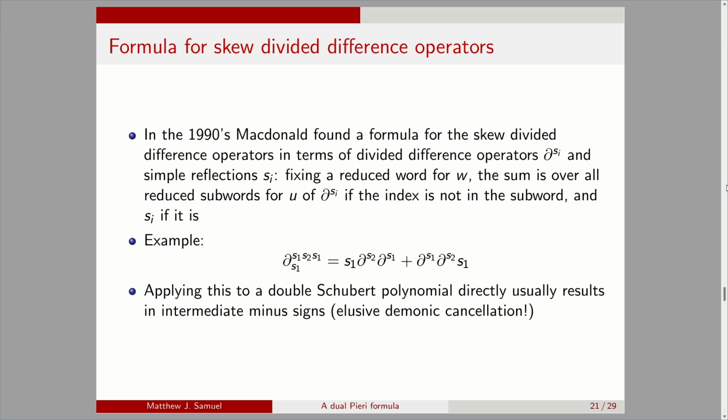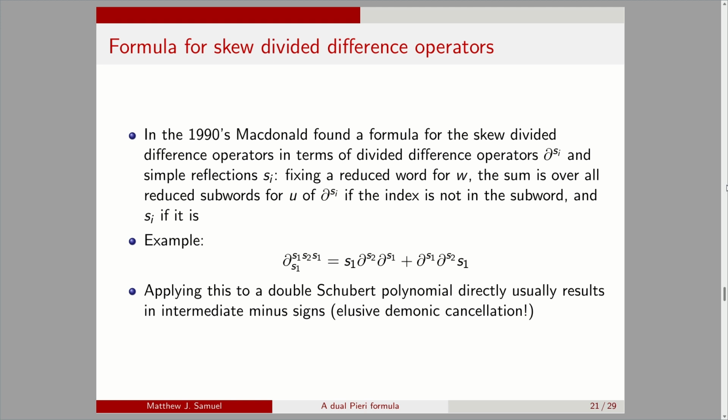So moving on to the proof of the dual Pieri formula. In the 1990s, Macdonald found a formula for the skew divided difference operators in terms of the divided difference operators partial S_i and the simple reflections S_i. Specifically, if we fix a reduced word for w, the sum is over all reduced subwords for u, partial S_i if the index is not in the subword, and S_i if it is.